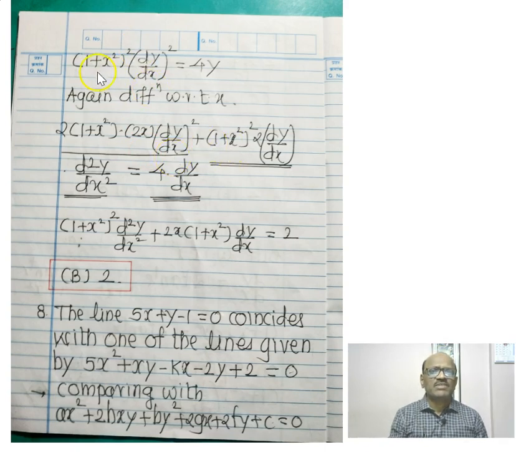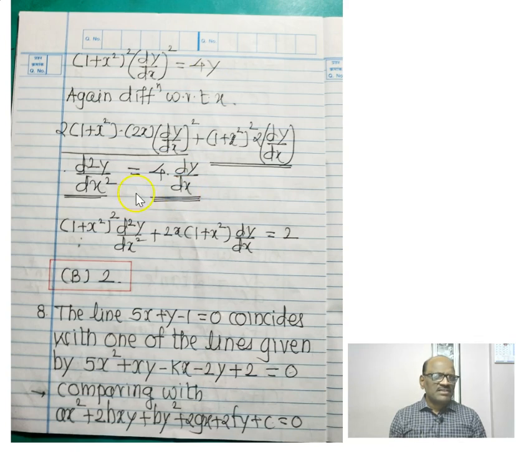Next, plus (1 plus x squared) squared as it is, and find the derivative of (dy/dx) squared. Again, there is a power, that is 2 times dy/dx into the derivative of dy/dx, which is d2y/dx squared, and that equals 4 into the derivative of y, which is dy/dx.